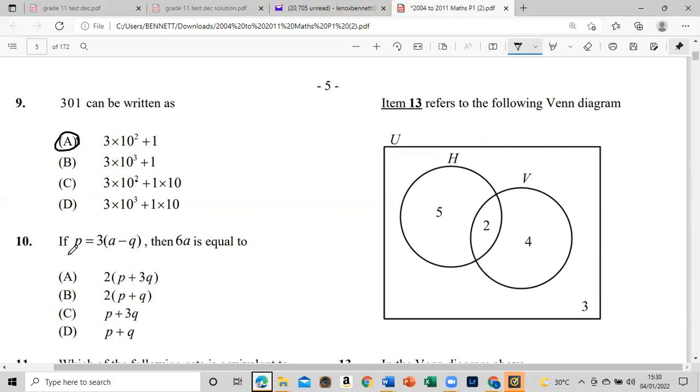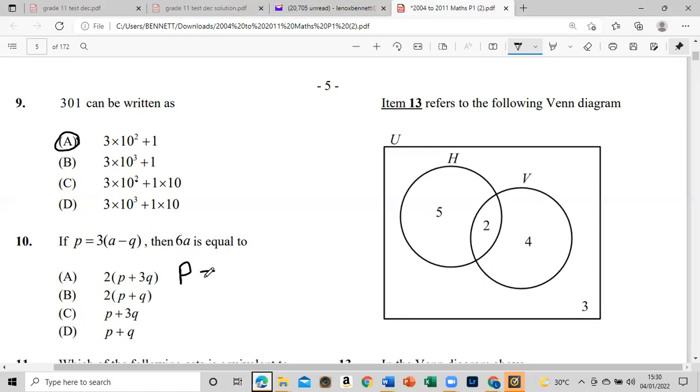All right, number 10, if P is equal to 3 bracket A minus 2, then 6A is equal to, hey, this tricked me one time already, remember that question already. Then 6A is equal to. All right, so I could just find 3A first.